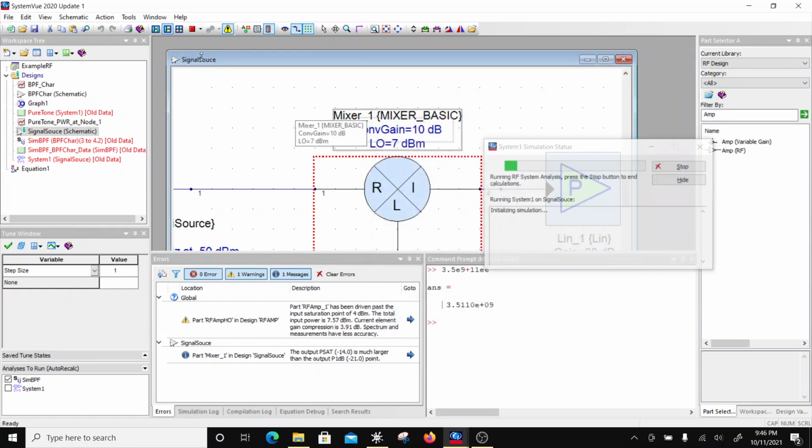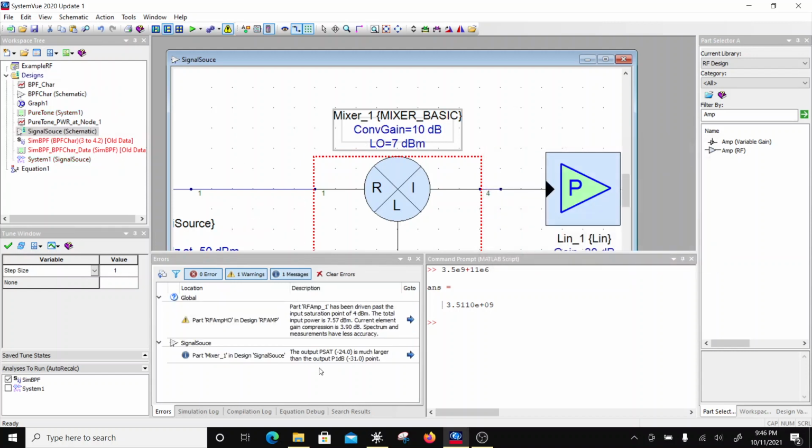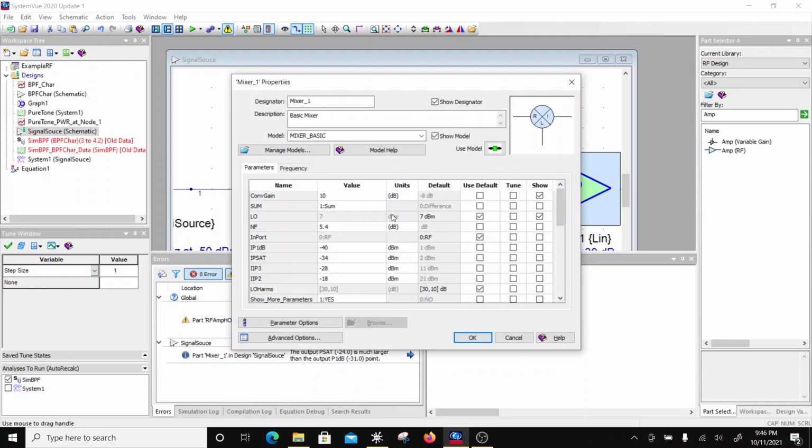So let's see if that solves it. No. Output Psat minus 24 is much larger than the P1 of minus 31. Okay, it has to be within 5, so it is within 6. That's why it's complaining. It's a warning.